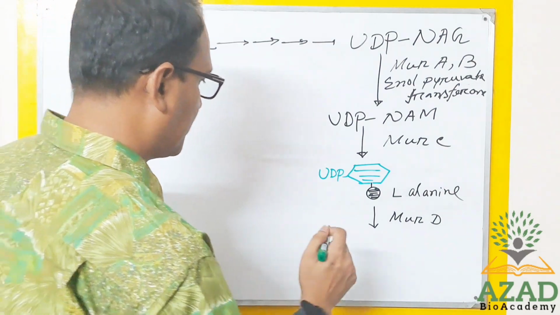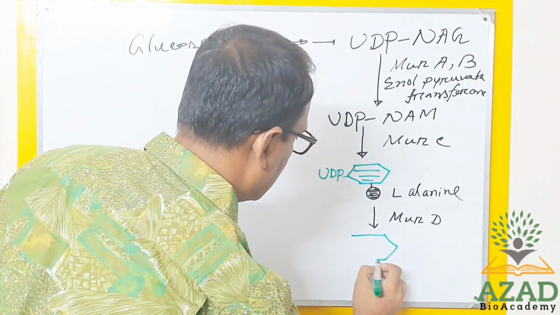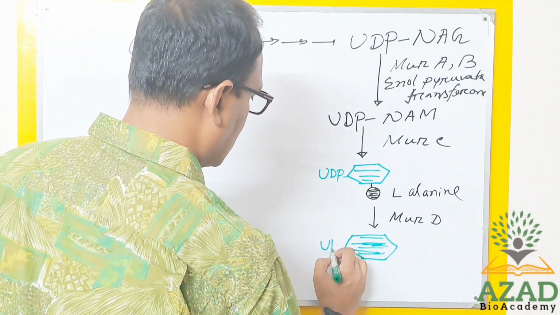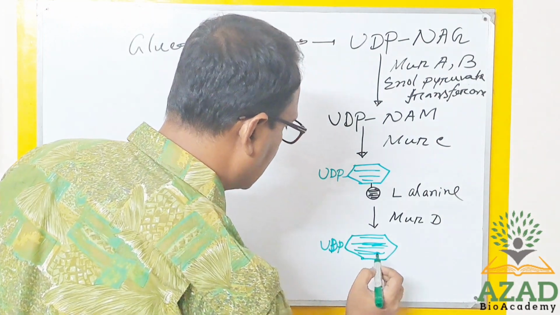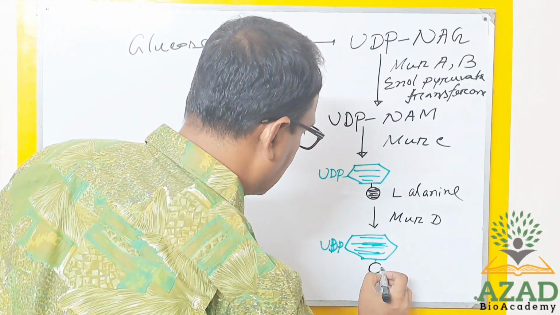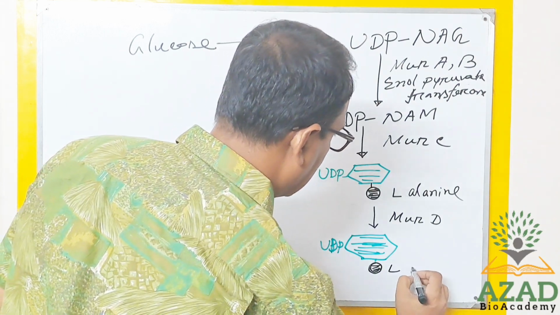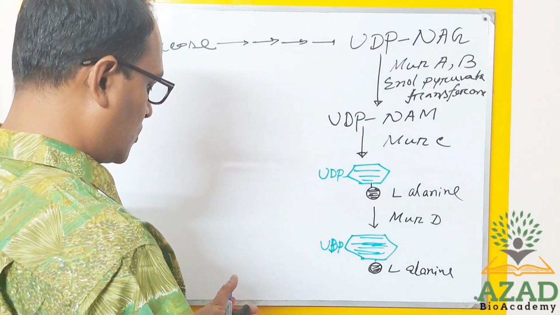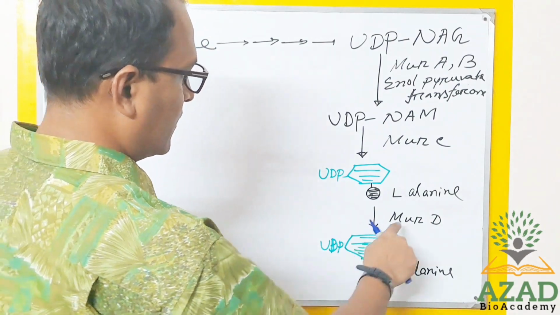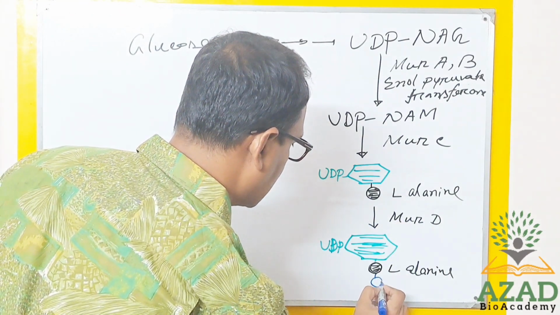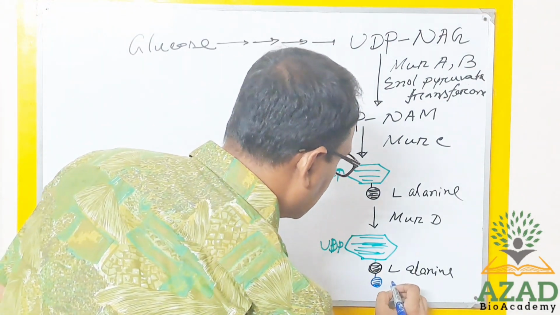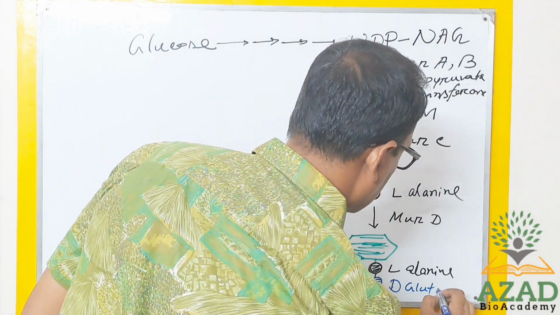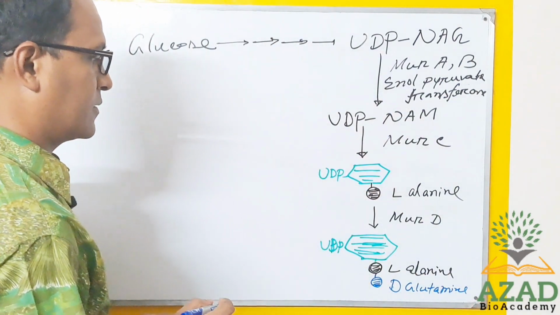Here is the N-acetyl muramic acid, and this is already attached with the UDP, and here one is the L-alanine, and now another amino acid will attach here by the help of MUR-D enzyme, that is D-glutamine.